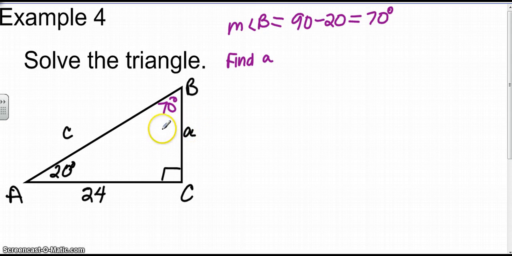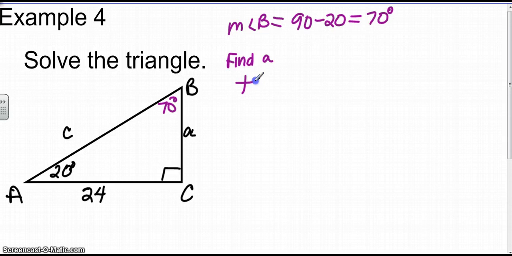Now, I know these two angles. I know this is 24, so I'm going to use this. What I don't know is A. So if I'm thinking about the 20 degrees, A is the opposite side, and 24 is my adjacent side. And if you remember back to your ratios, opposite over adjacent is tangent.